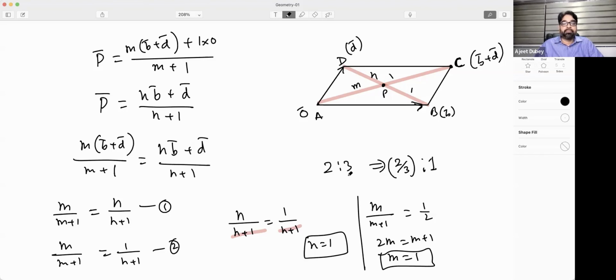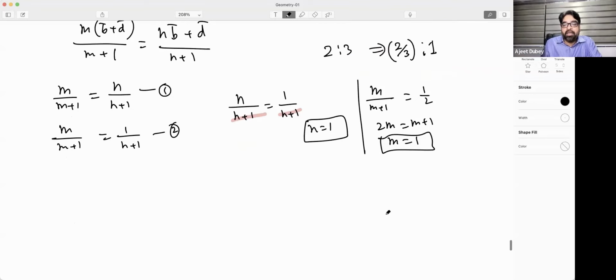Sir, I have one doubt. Why did we take PC as 1, like in the ratio of 1? Pardon, I didn't get you. So we took PC and PB as 1, like M plus 1, like N is to 1. Because for a ratio, you can take any ratio.